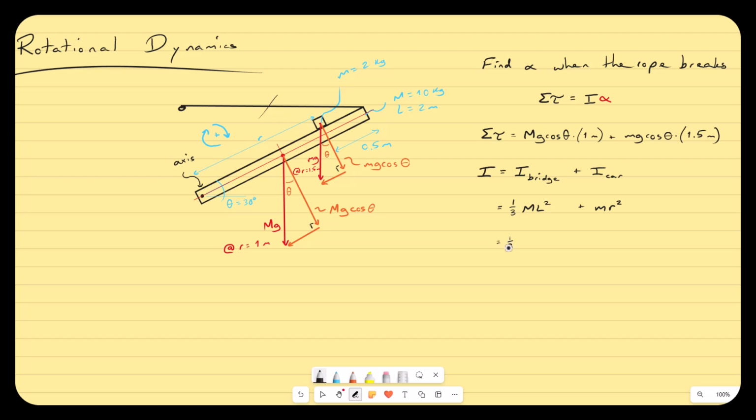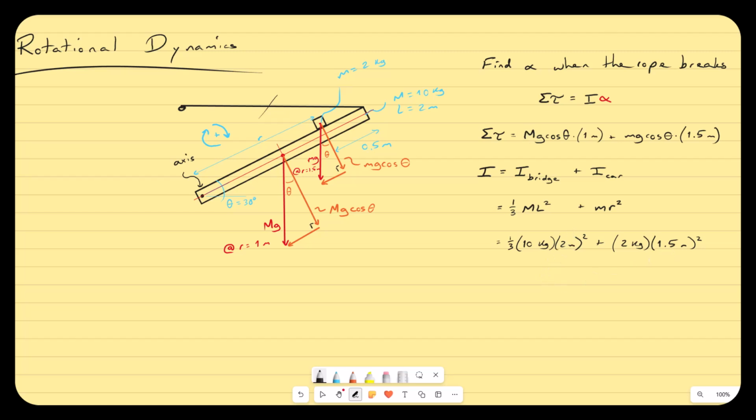So 1/3 times the mass of the bridge, 10 kilograms, times the length of the bridge, 2 meters squared, plus 2 kilograms times 1.5 meters squared.